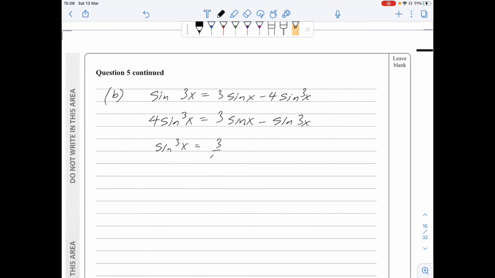So I get 3 over 4 sine x minus 1 over 4 sine 3x. So my integral becomes the integral of 3 over 4 sine x minus 1 over 4 sine of 3x dx with the same limits.